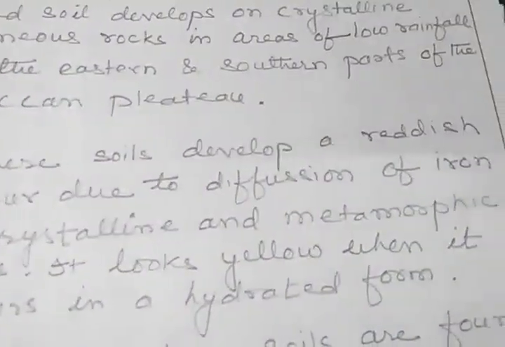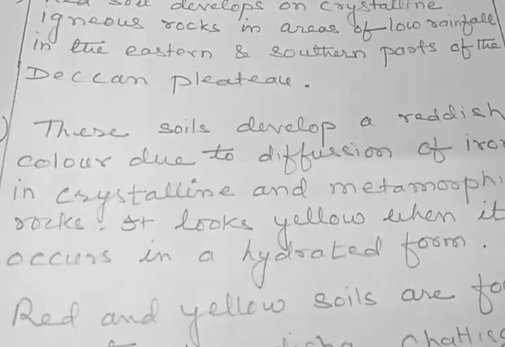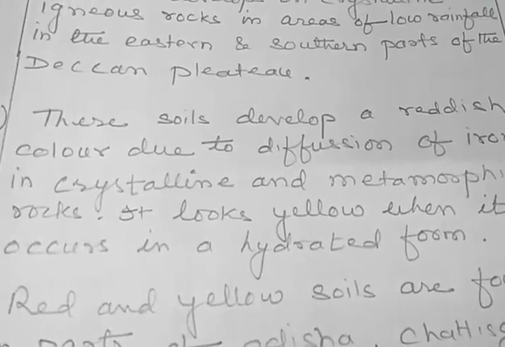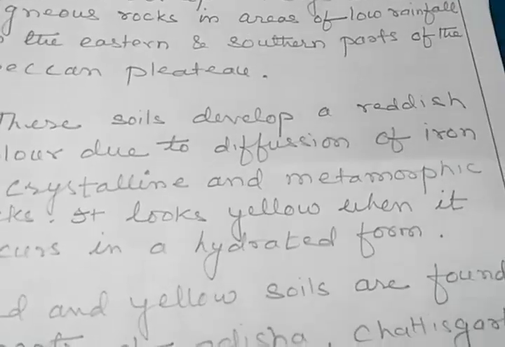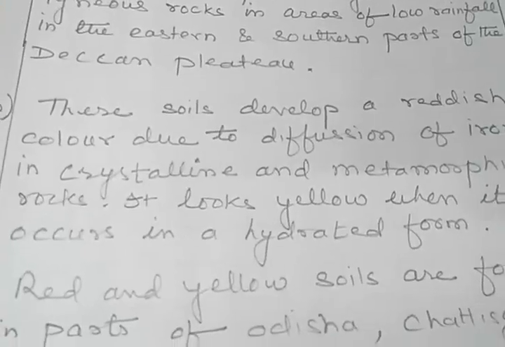These soils develop a reddish color due to the diffusion of iron in crystalline and metamorphic rocks. It looks yellow when it occurs in a hydrated form.